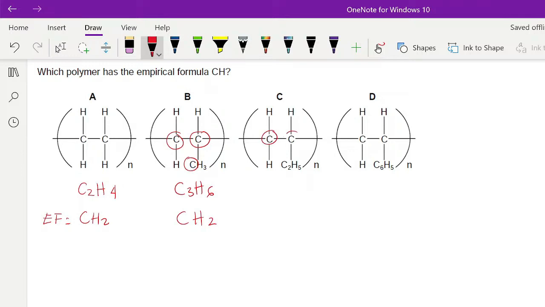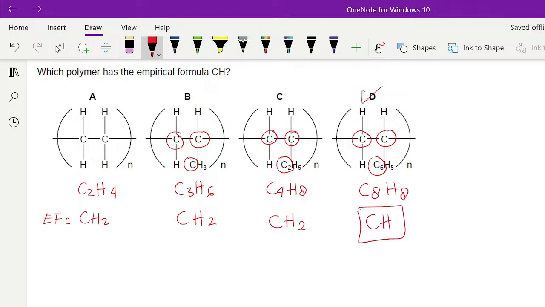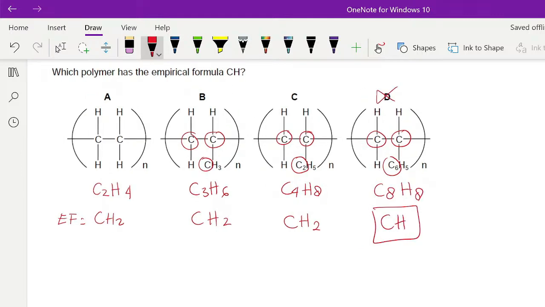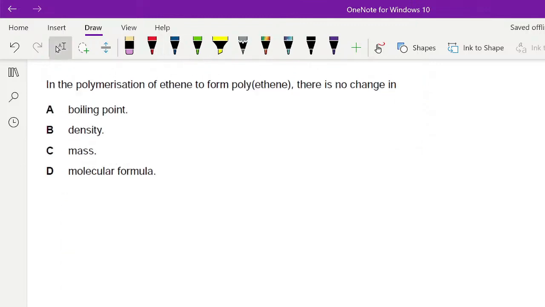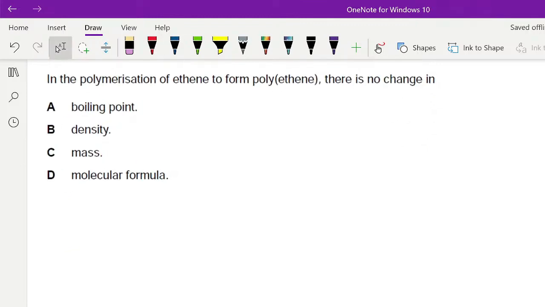Now we have 1, 2, 3, 4, H8. So that's also CH2. And here we have C8H8. Now this is CH. So answer is D.